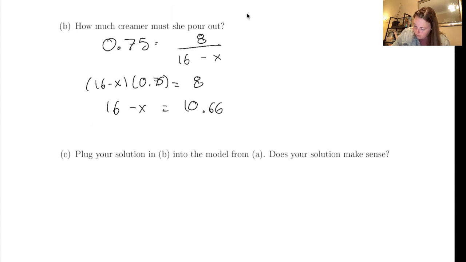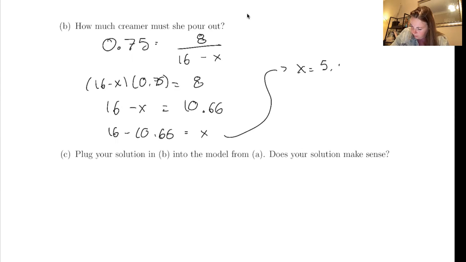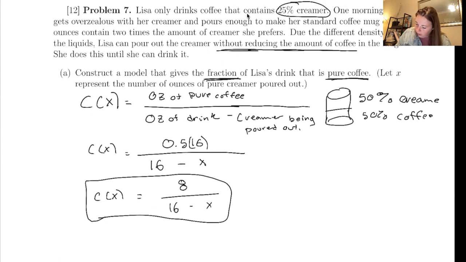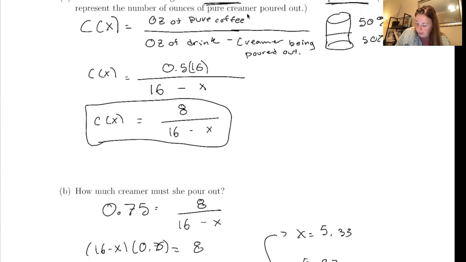And then 16 minus 10.66 equals X. And so we get that X equals 5.33. And then you could say 5.33 ounces, right? Because we have to give units here. We're given a lot of units prior. So we need to give units back out.